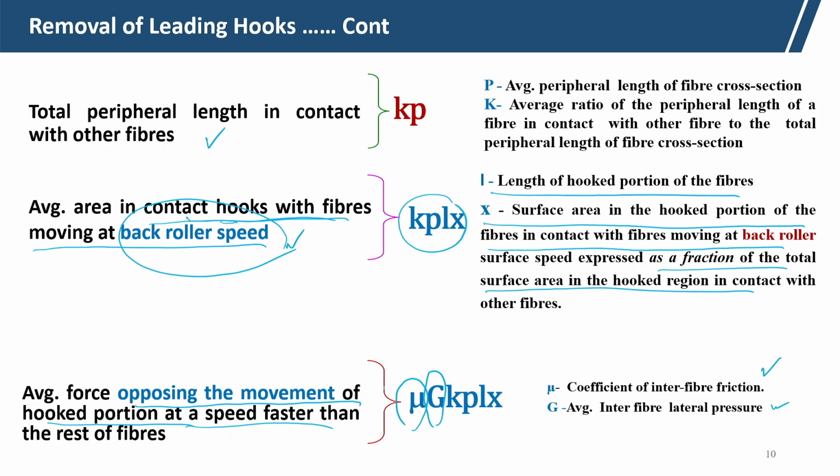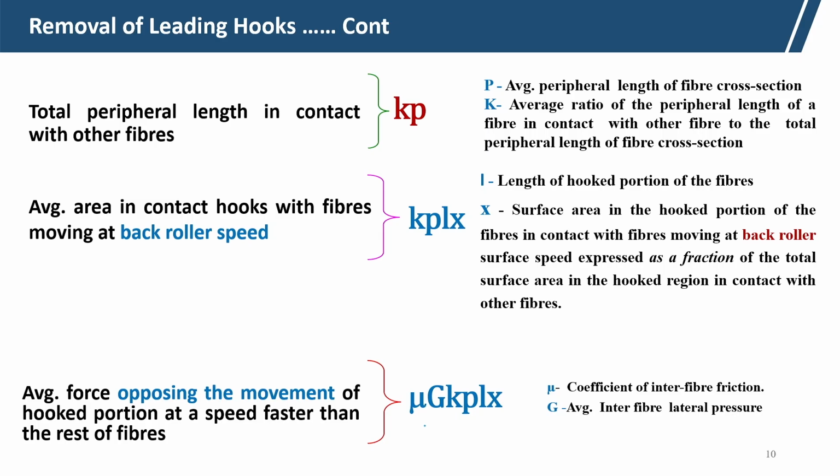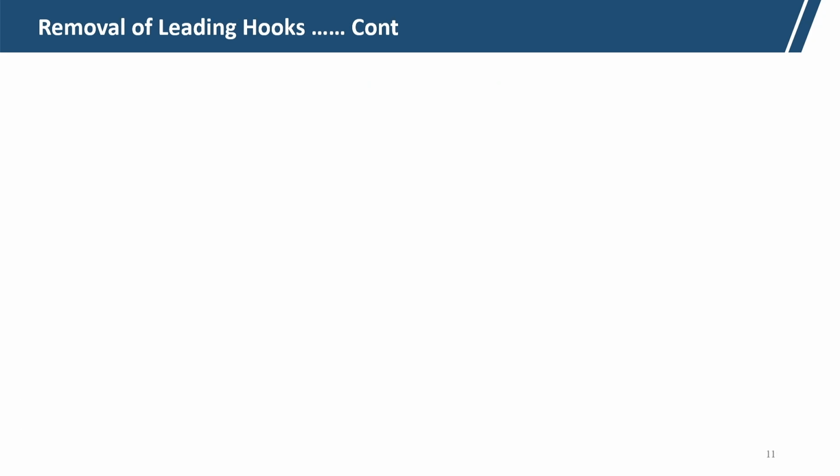So, this is the total force which opposes the hook portion moving at faster speed, that means it is the resisting force. So, the resisting force of hook removal is mu G K P L x. That is the resisting force, from fibers moving at the back roller speed, which is actually resisting, as we have discussed.